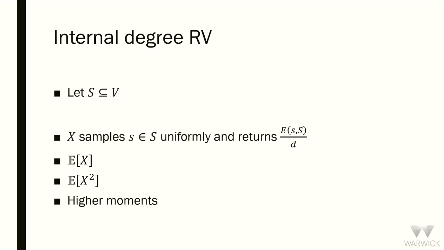So you have a subset S in V, and you have a random variable that samples a vertex in S and returns its internal degree. And what we wanted to know is its expectation and its higher moments.